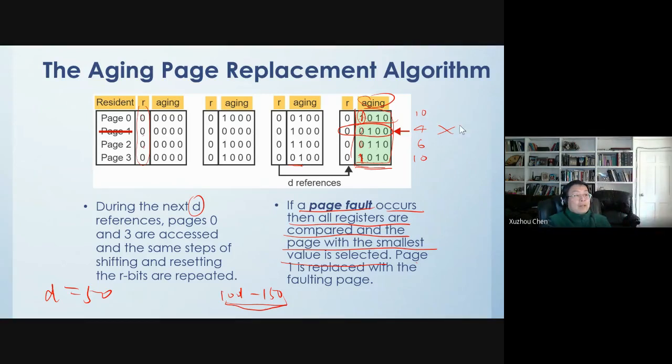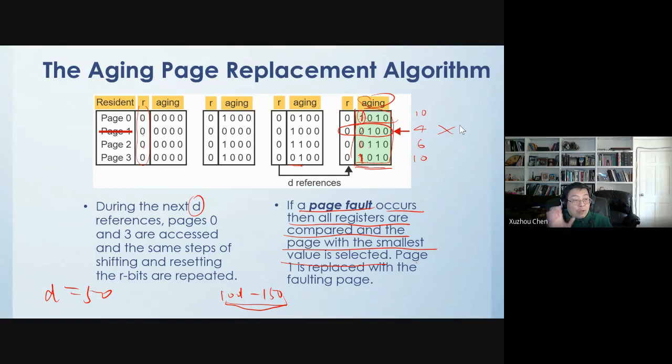So the aging page replacement algorithm is almost the same as LRU, but instead of updating the value each time, you update the value every 50 page references. Within the 50 page references, you only update the R bit, the reference bit.